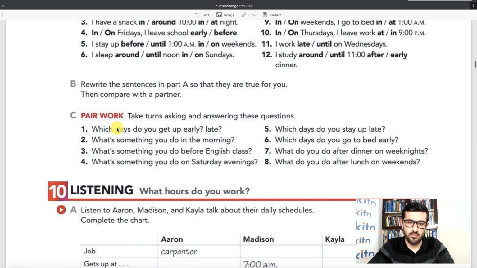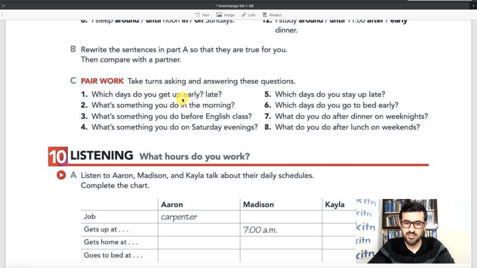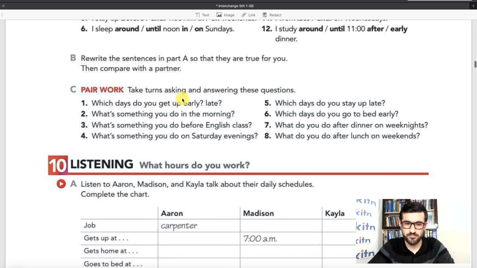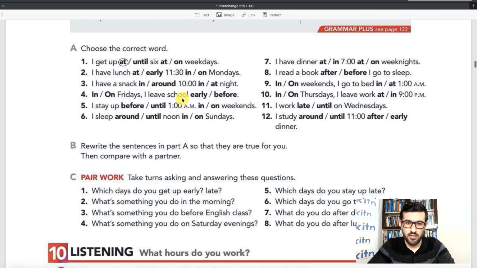So, part C, take turns asking and answering these questions. These are some statements. We can use these questions and reply using these kind of ways in response to these questions.